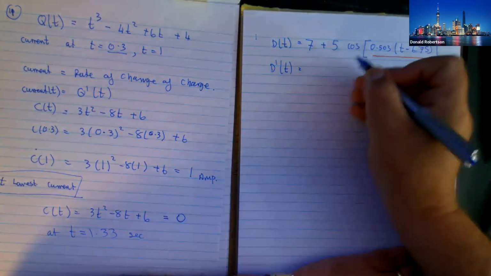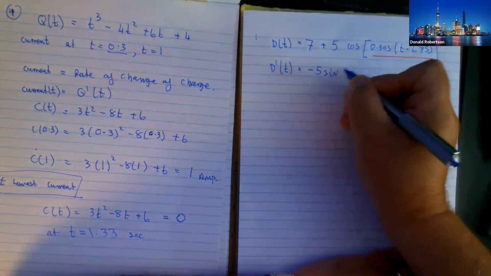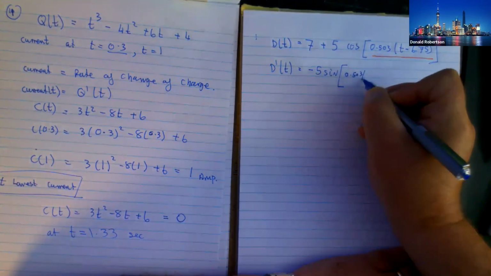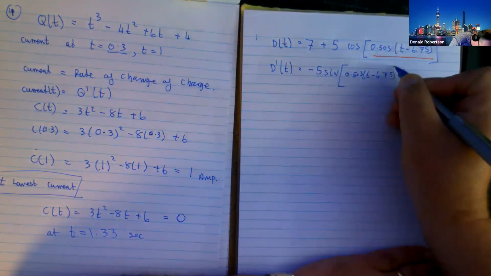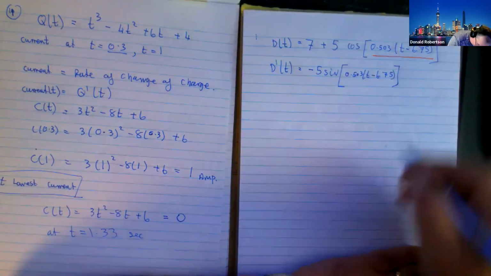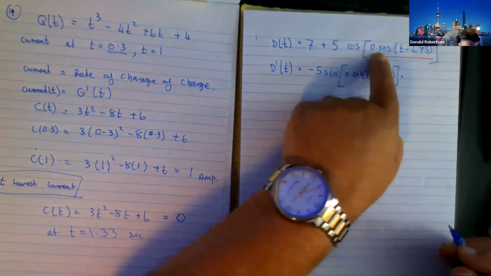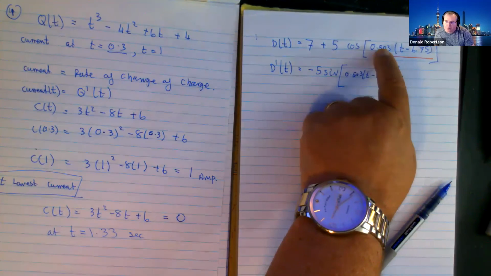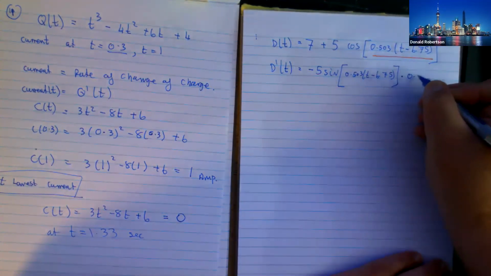If you differentiate 5 cosines, you'll get negative 5 sines of this fella, times the derivative of the inside function. Now, if I multiplied that out, would you agree that all you've got is 0.503t? And so when you differentiate that, you just get 0.503.